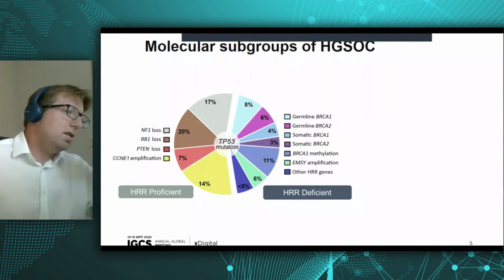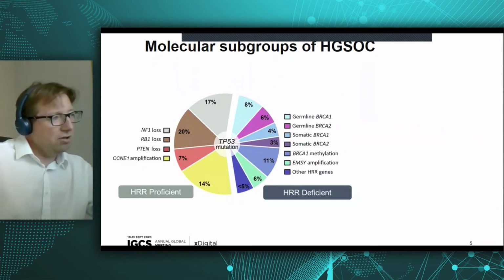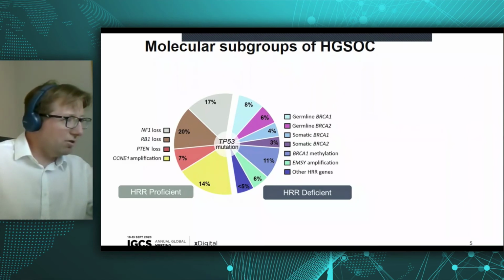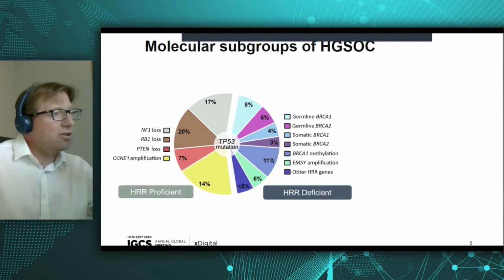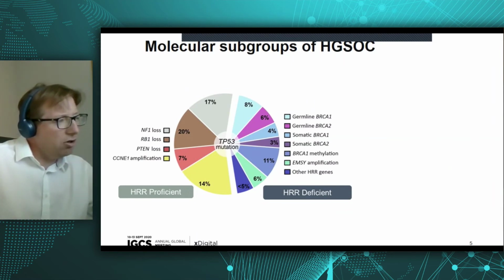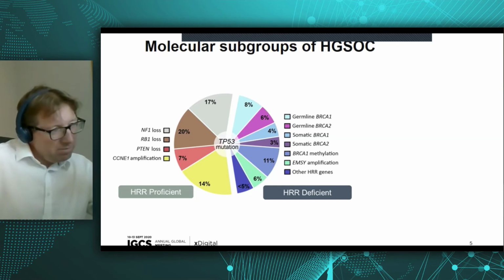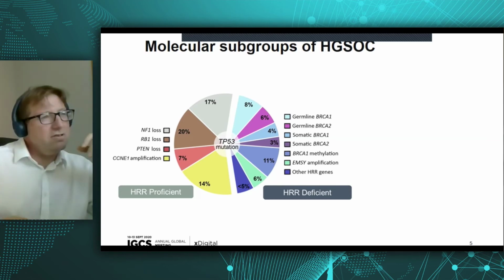And then on the left-hand side of that pie chart, you've got the very interesting sort of under-researched abnormalities such as cyclin E amplification and RAD1 loss and NF1 loss and PTEN loss.